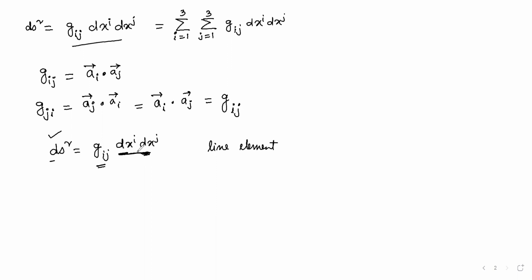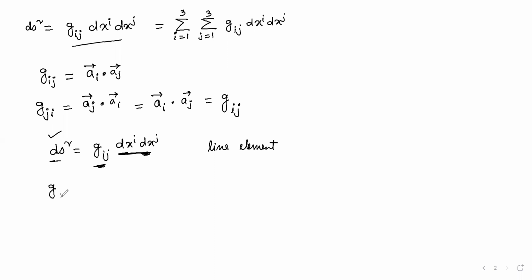So dxi multiplied by dxj is a contravariant tensor of rank 2. Okay. And similarly, ds square is a tensor of rank 0. That means this is a tensor of rank 2, and it is a covariant tensor.